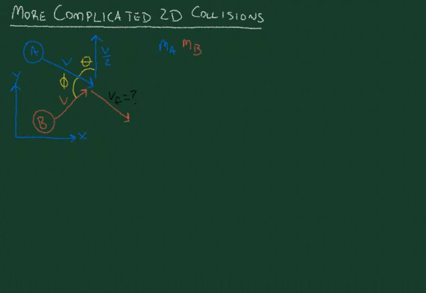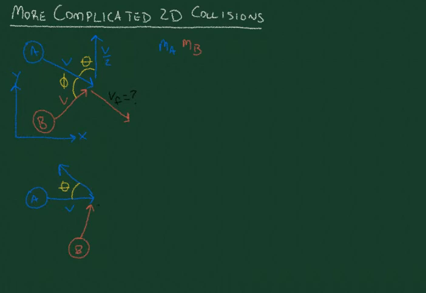And so because of that, it's much easier to redraw this and say that we have particle A traveling to the right and then gets deflected. And particle B, there's no way we can get any of the vectors to B to line up necessarily.